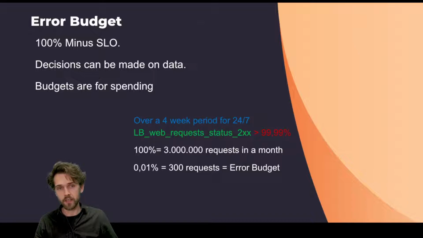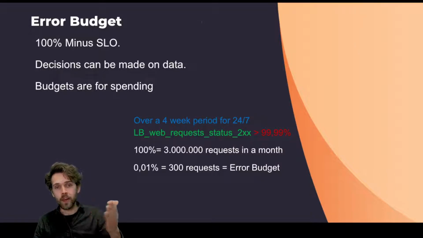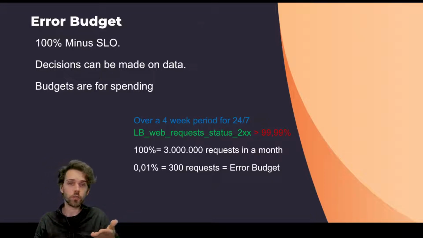We've stated 99.99%. This leaves us 0.01% of requests that may result in errors without breaking our SLO. So what you'll see is that the amount of errors that you can make changes with the amount of requests that you handle.